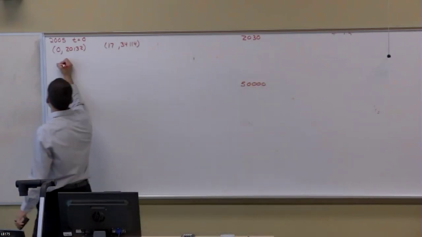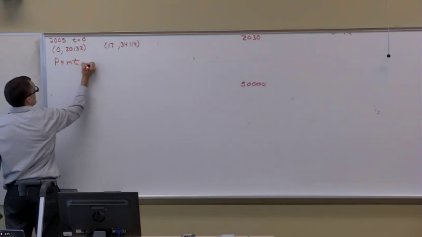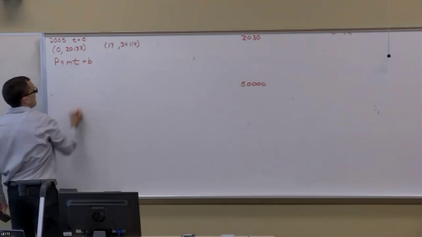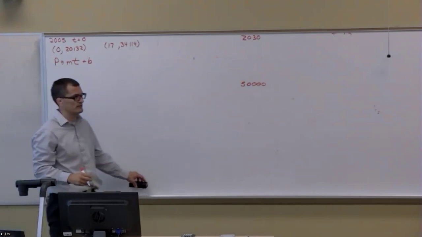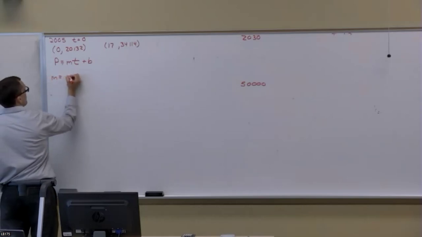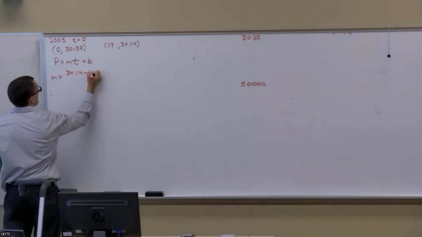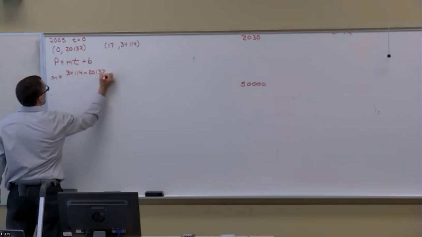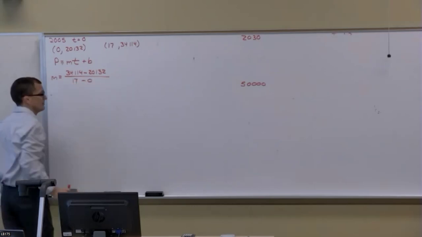All right, so if we're trying to find an equation, population is m times the time plus some b, like y equals mx plus b, where y is the population and x is the t, time after 2005. We can find the slope by taking 34,114 minus 20,132 divided by 17 minus 0.